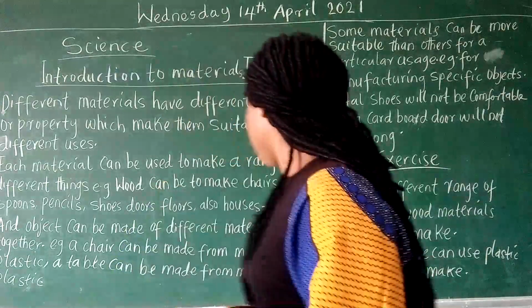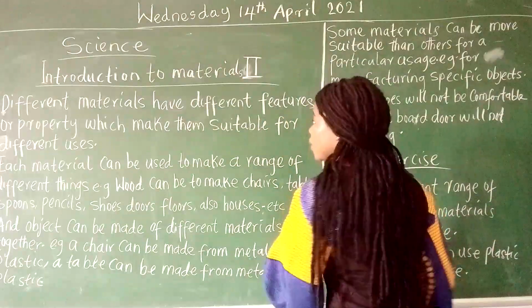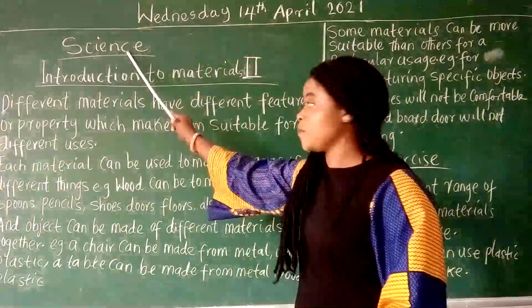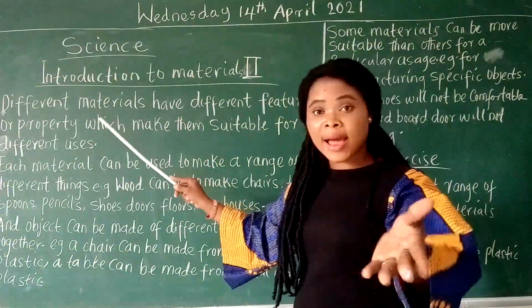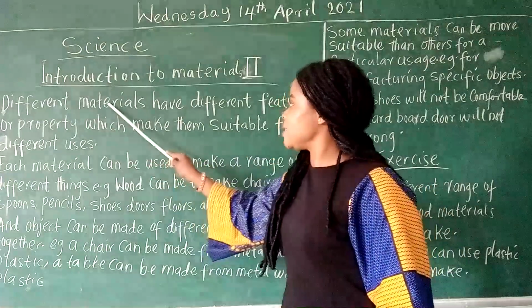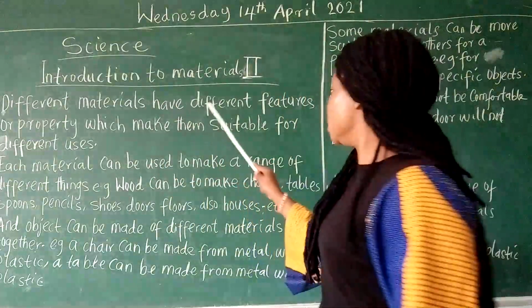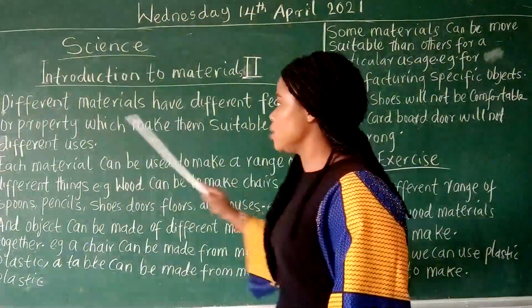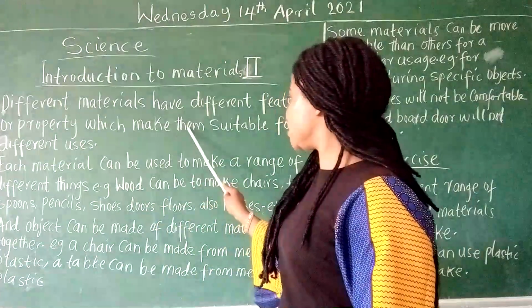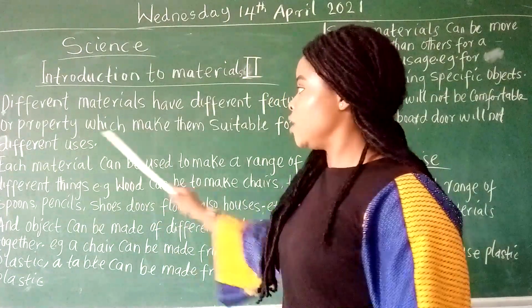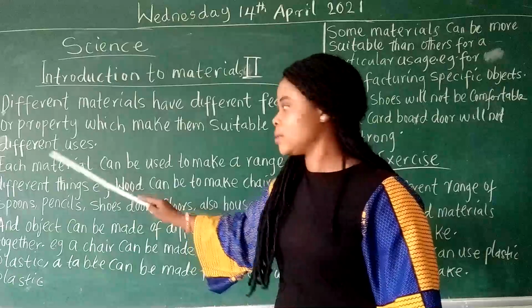So let's read through, everybody. You can read along with me. Science, Introduction to Materials 2. Read aloud, read along. Different materials have different features or properties which make them suitable for different uses.